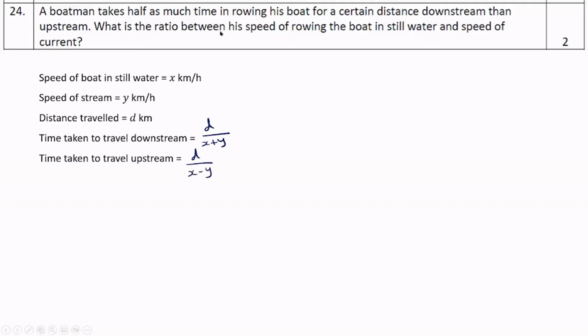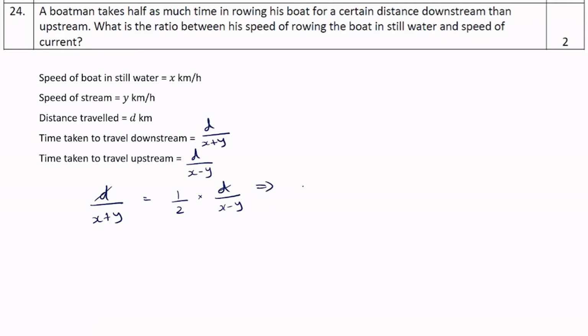Now it is given the time taken to go downstream, that is d by x plus y, is half the time taken to go upstream. So it is half of d by x minus y. From this we need to find the ratio of speed of the boat in still water to speed of current. So here d and d will get cancelled.